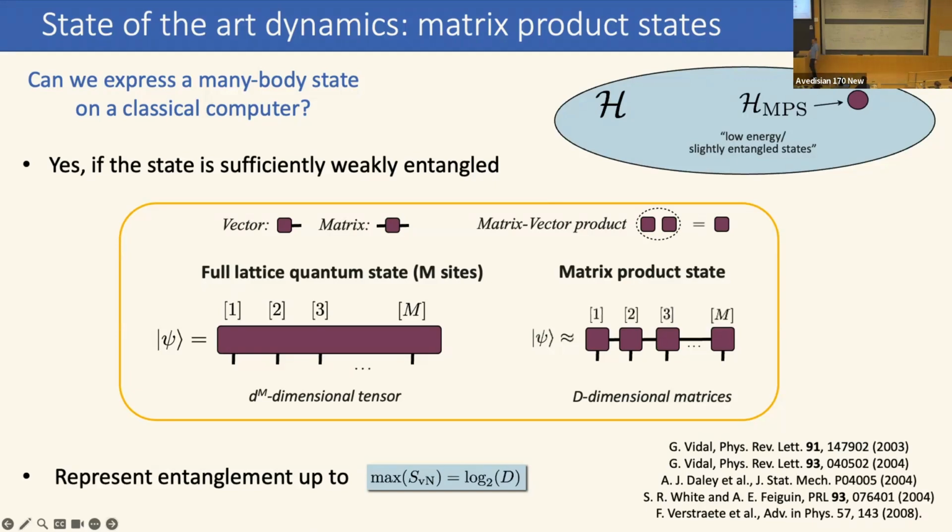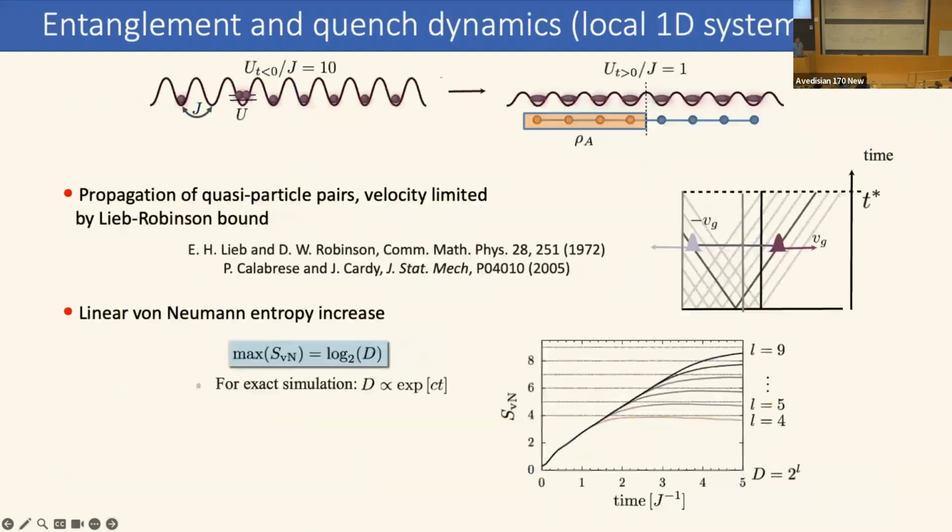And of course, unfortunately for classical simulations, and fortunately for the usefulness of quantum computers in this domain, that's exactly what happens in typical out-of-equilibrium dynamics. Discussions of this go back to work by Calabrese and Cardy, Journal of Statistical Mechanics in 2005.